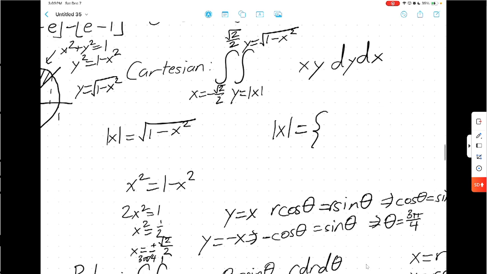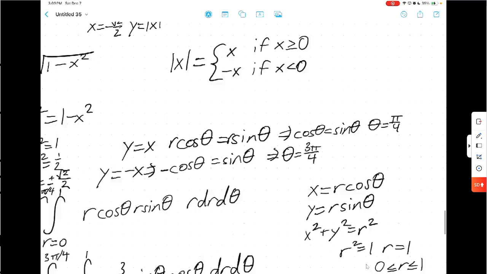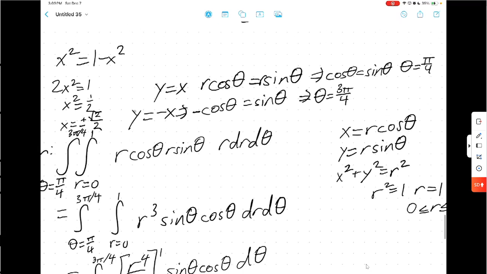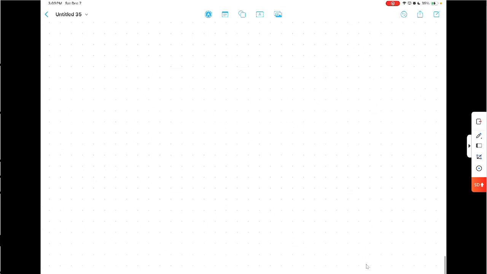This follows from the definition of absolute value. So that's where we get our two equations. Any other questions? All right, moving on.